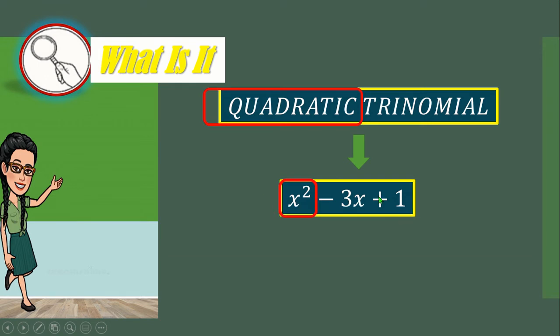And in this expression, the highest exponent is 2. So it is quadratic. And when we say trinomial, tri means 3. We have a polynomial with 3 terms. 1, 2, 3.